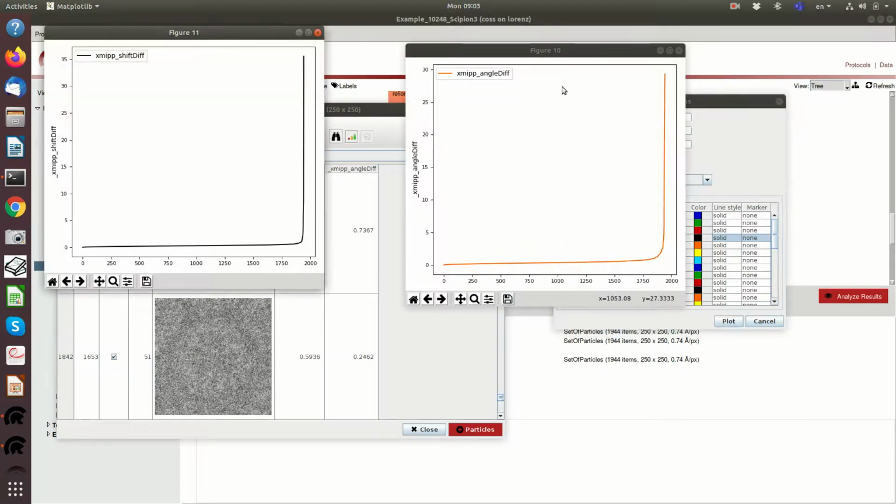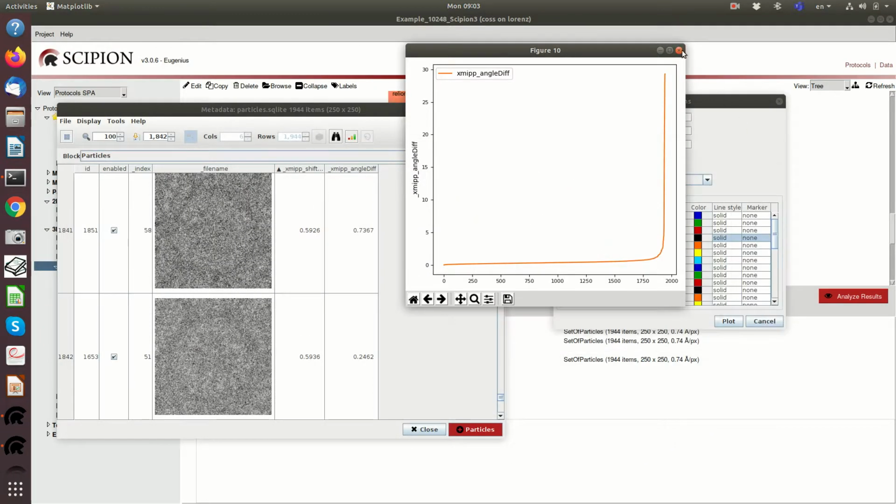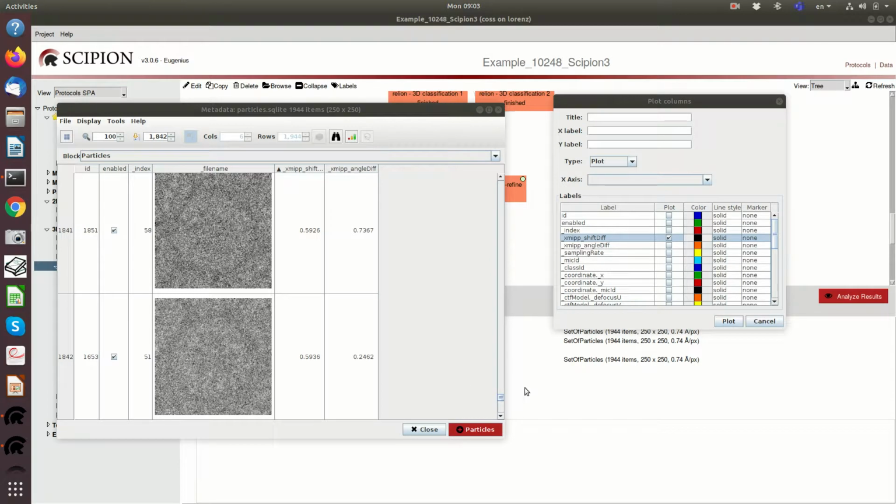Again, you see that most of them have a shift that is consistent with each other within less than 1 pixel. But for some of them, there are significant differences in the shift. You don't know which one is correct, but what you know is that at least one of them is incorrect. So you may again go to one.